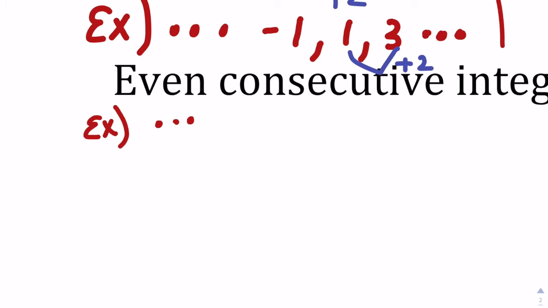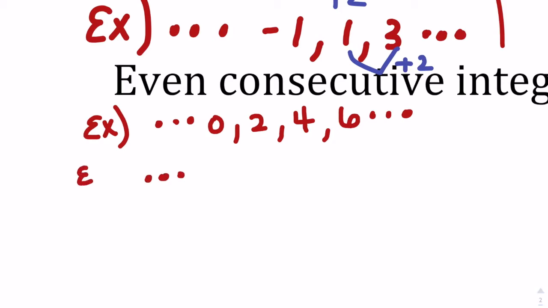You have 0, 2, 4, 6. Then you also have, look at the negative number. You have negative, let's say 4, -2, 0, 2, 4.